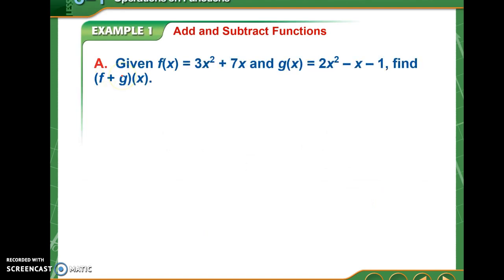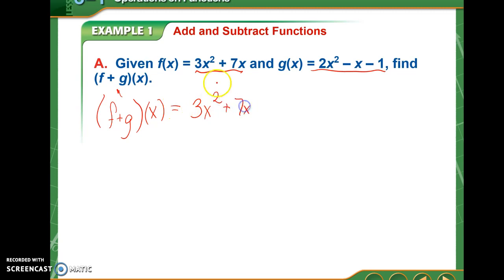So when I add these functions, I'm going to add the f function plus the g function. So f plus g, that's what it's asking me to do here, and write a new function, which would be the f plus g function. So I'm going to take 3x squared plus 7x, the f function, and then I'm going to add the g function, 2x squared minus x minus 1.